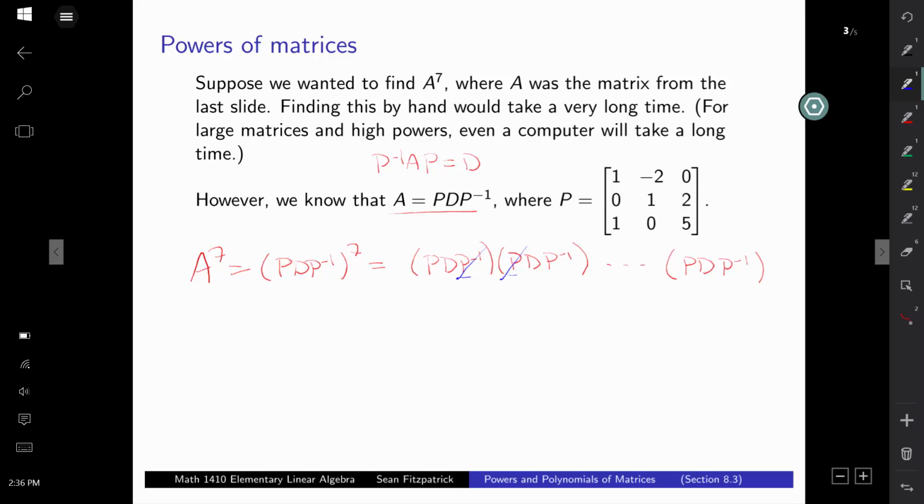Because P inverse times P gives me the identity. Multiplying by the identity does nothing, right? This next P inverse cancels with the next P, and so on. There's a P inverse here that cancels with that P, and what I'm left with is P times, well, all that's left in the middle is D. D, D, D, there's 7 of them. D to the 7th times P inverse.